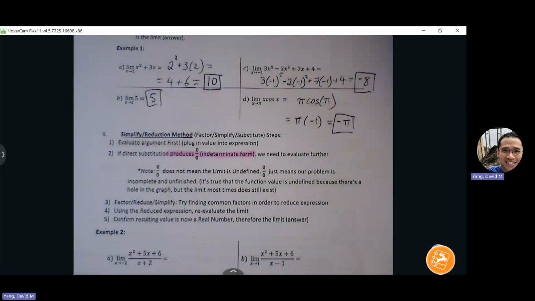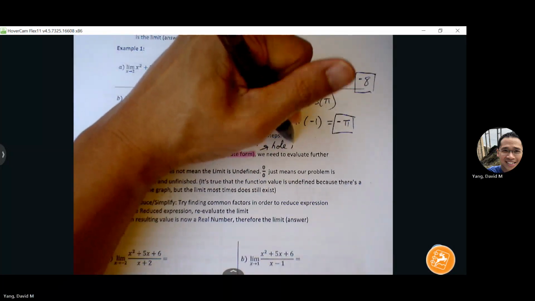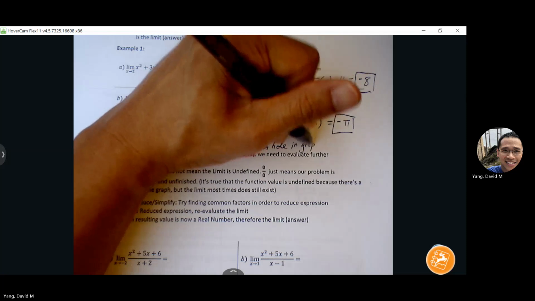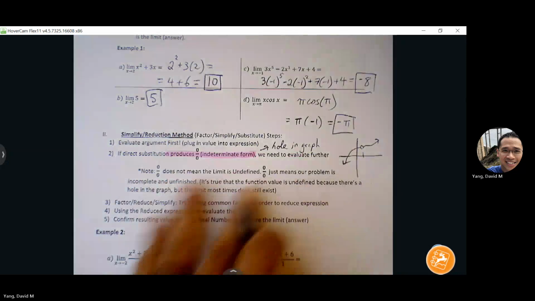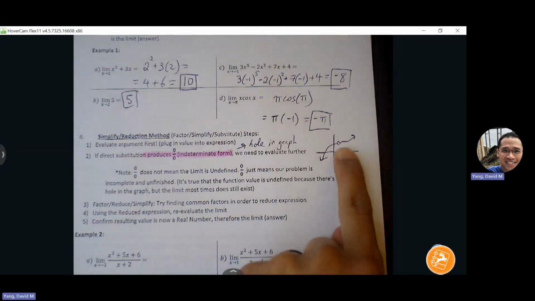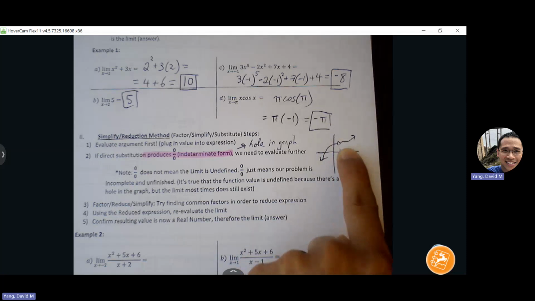If you get 0 over 0, that means that there is a hole in the graph. Which means that the graph may look something like this. And what did we discover yesterday? If there's a hole in the graph, if the graph looks like this, does the limit exist?